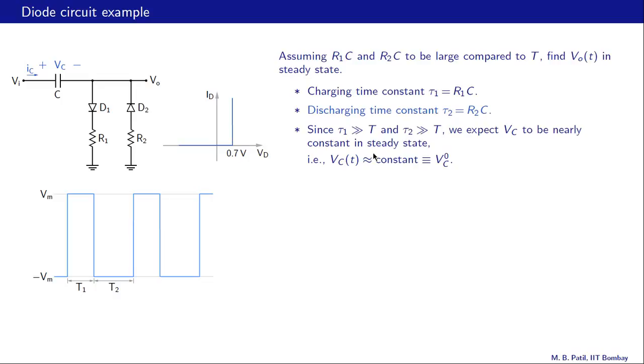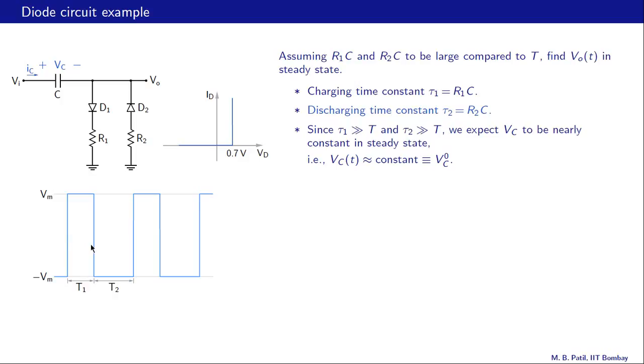What is the meaning of tau1 much larger than T? So that means if the capacitor is charging, for example, that charging process is going to be very slow. So that means in this time, the capacitor voltage will hardly change. It's going to charge so slowly that we will not even notice the difference in this interval.